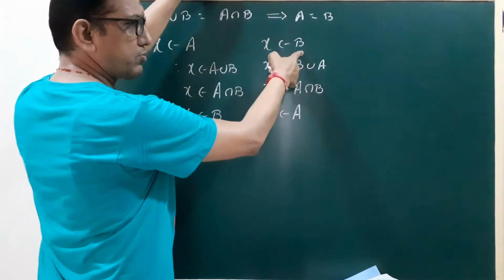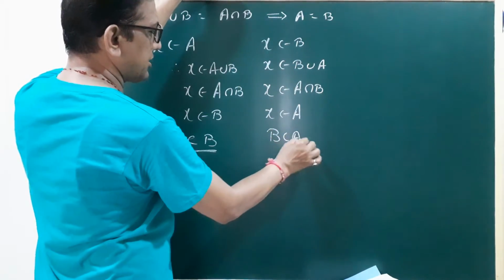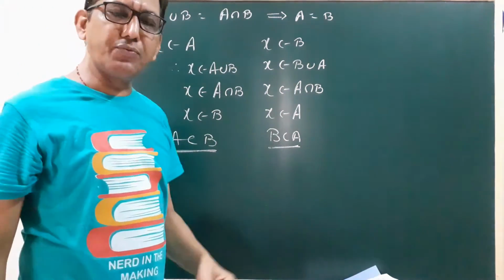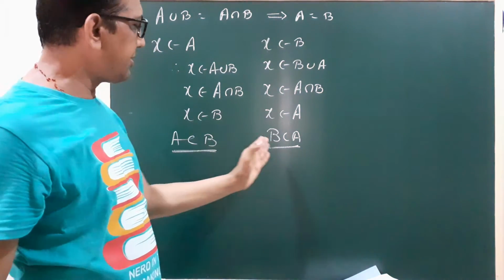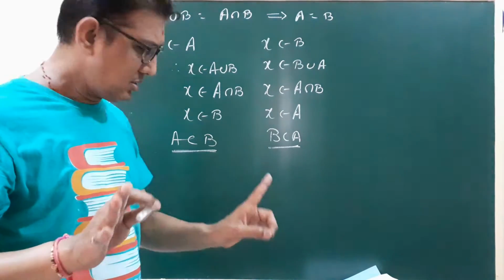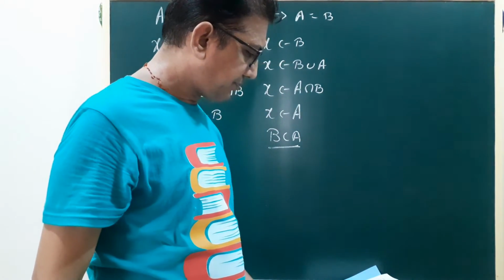So B is a subset of A. By the definition of equal sets, A subset B and B subset A, so A equal to B. Is it clear? Okay.